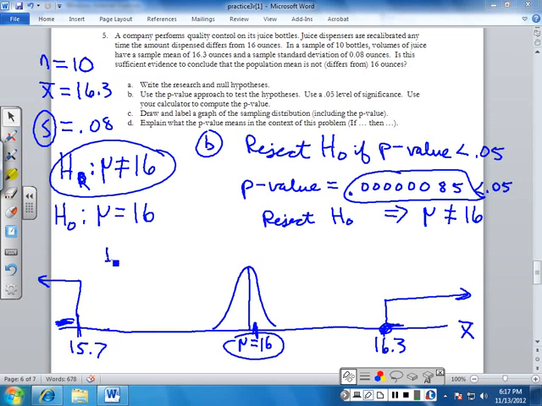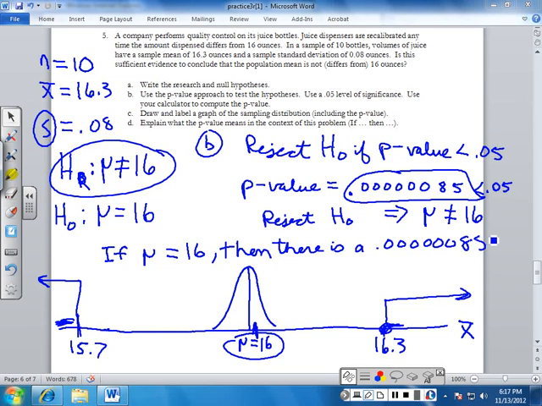So if mu is equal to 16, then there is a 0.000 chance of either one of those, either x bar greater than or equal to 16, or, and this is just because it's a two-tailed test, x bar less than or equal to 15.7.